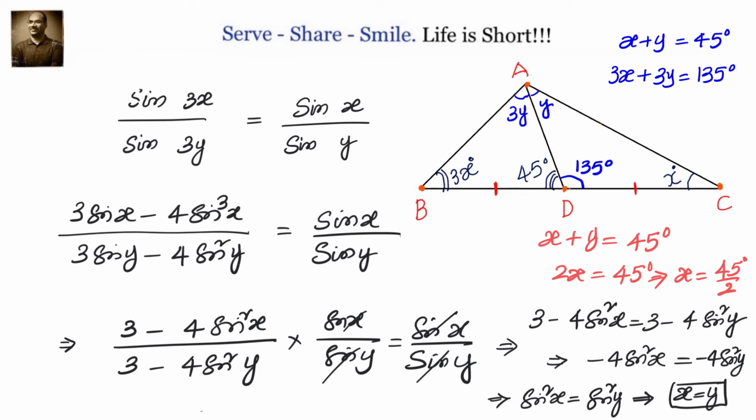So we have taken triangle ABD and triangle ADC. We found BD by AD from the first triangle and DC by AD from the second triangle. We know they should be equal. So we got sine 3y by sine x equals sine y by sine x. Simplifying, we got x equals y. Since we know x plus y is 45 degrees, x equals y equals 45 by 2, that is 22.5 degrees.